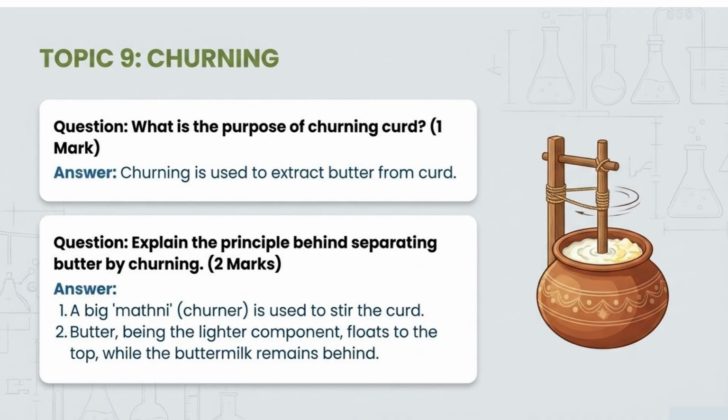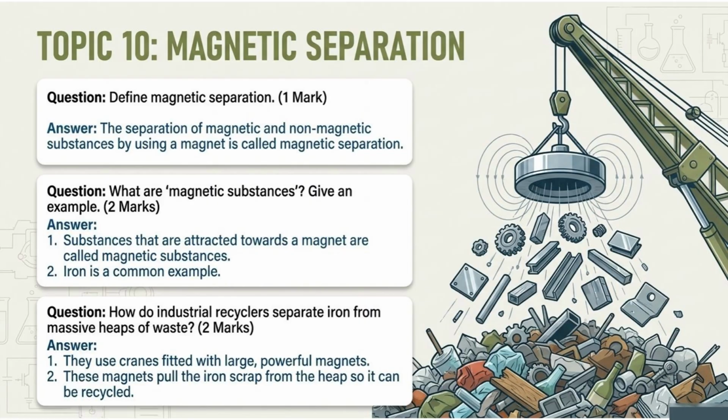Okay, now topic 10, magnetic separation. Question. Define magnetic separation. Answer. The separation of magnetic and non-magnetic substances by using a magnet is called magnetic separation. Question. What are magnetic substances? Give an example.